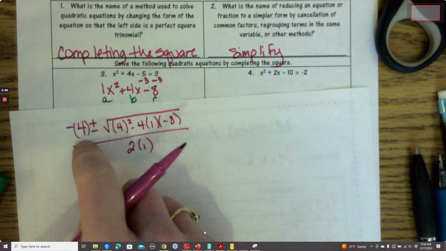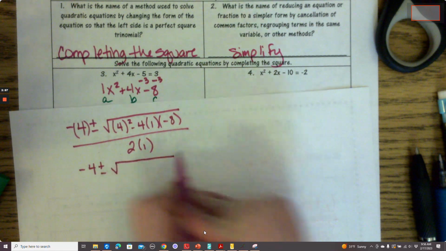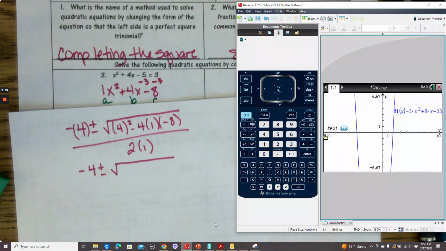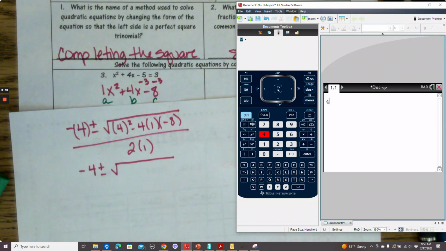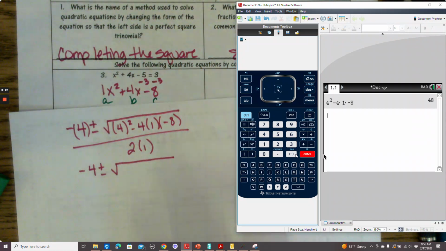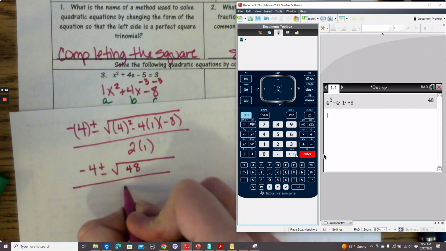All right. So -4, we can keep that piece. Then we do what's underneath the square root. So 4 squared minus 4 times 1 times -8 is 48. And then over 2 times 1 is 2.